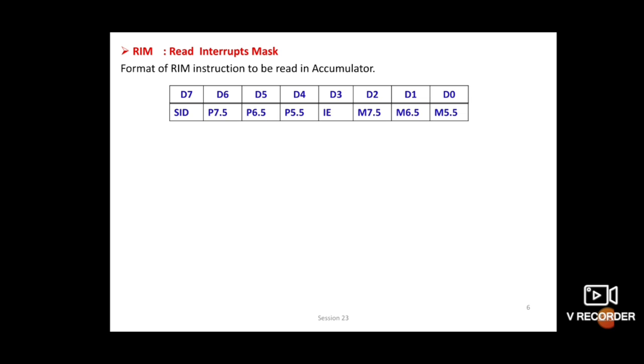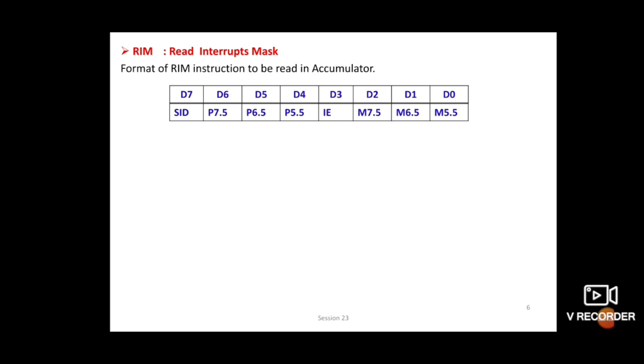Now see, the format of this RIM instruction: D0 to D7 is the bit position. At D0 M5.5, at D1 M6.5, at D2 M7.5, at D3 IE means interrupt enable, at D4 P5.5, D5 P6.5, D6 P7.5 and D7 the SID pin. The SID pin is connected to this RIM instruction.